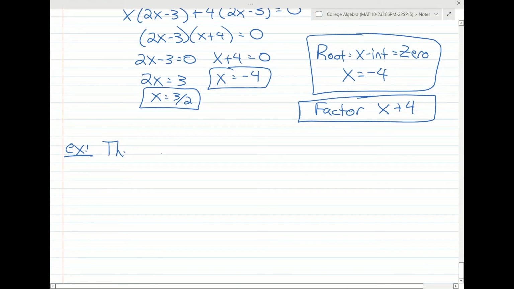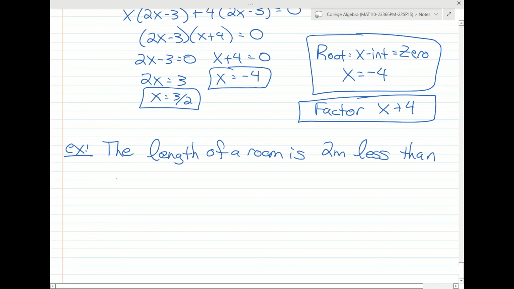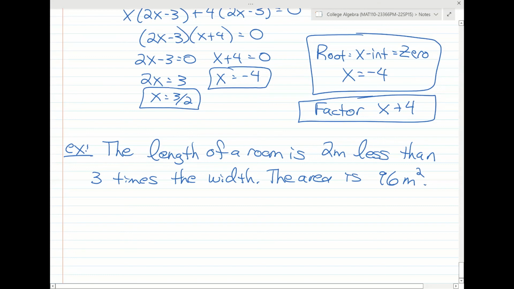Let's say the length of a room is 2 meters less than 3 times the width. The area is 96 square meters. Find the width.